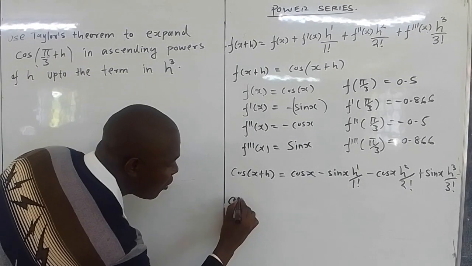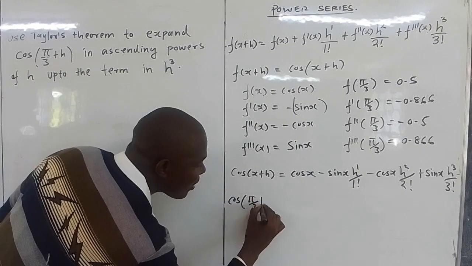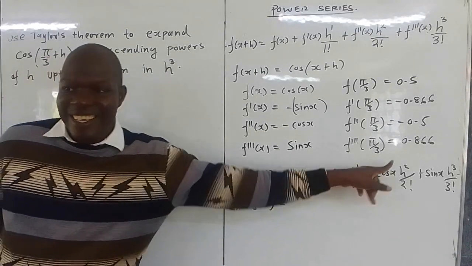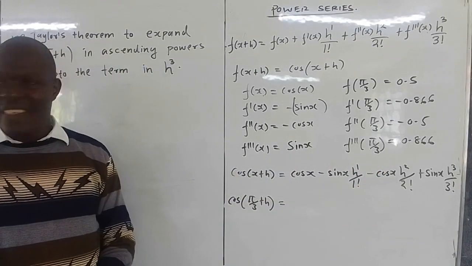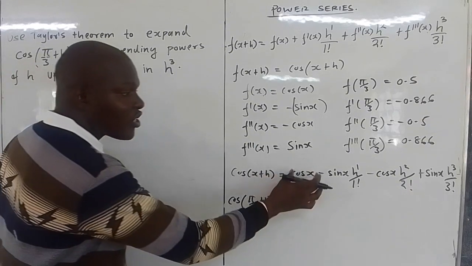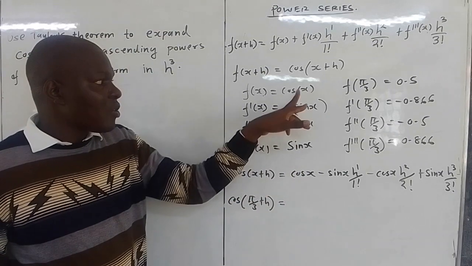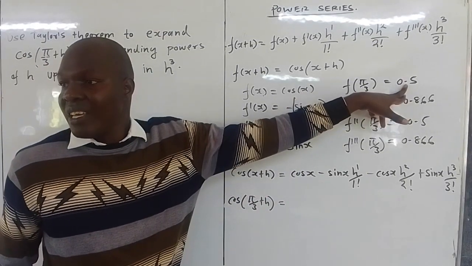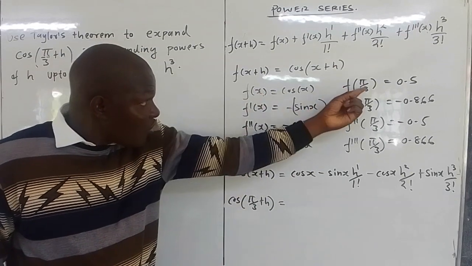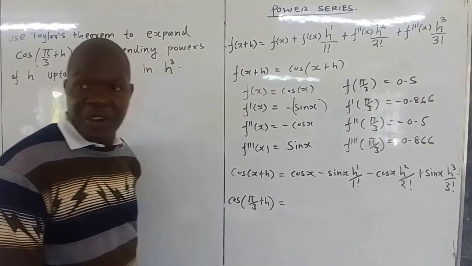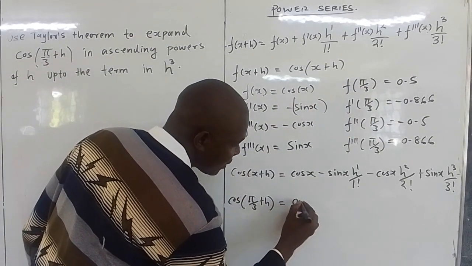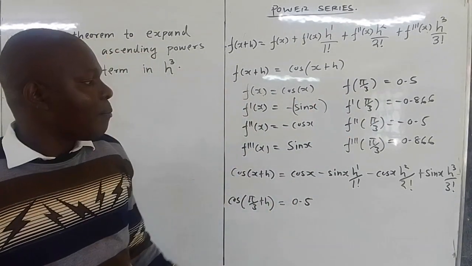So the next line, what is now cos of pi over 3 plus h? Meaning, where there is x, you put pi over 3, isn't it? Are we together? Is that okay? Yes. So what is cos x? You found it to be 0.5. See, you are substituting these functions. 0.5 minus sin x.